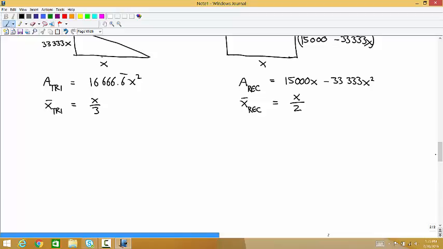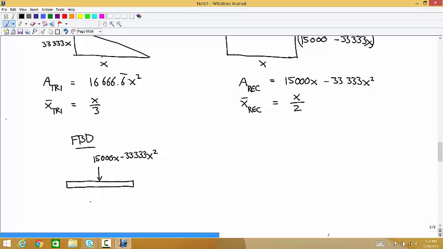So now that we've chosen the body to isolate, we can use these to represent the distributed load as point forces. At the midpoint, we have a downward force of 15,000x minus 33,333x squared.